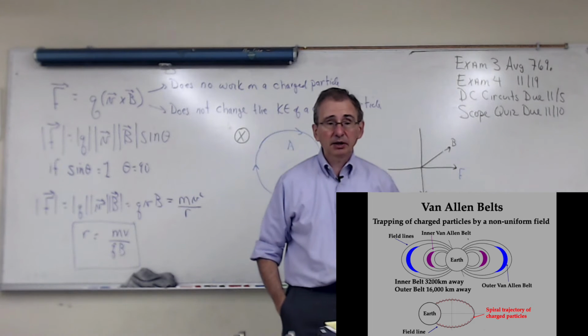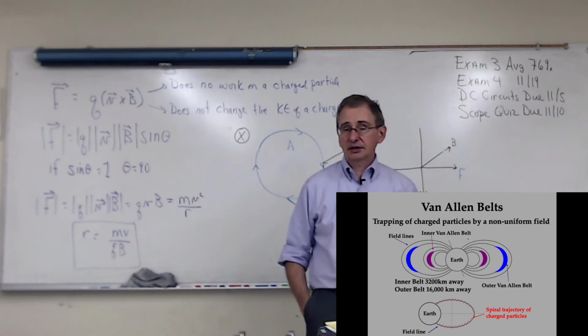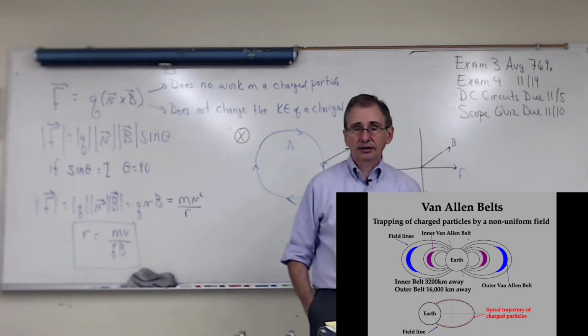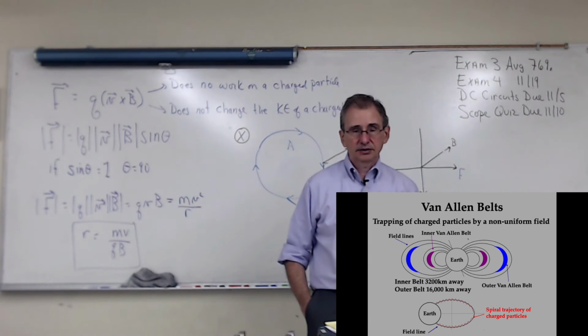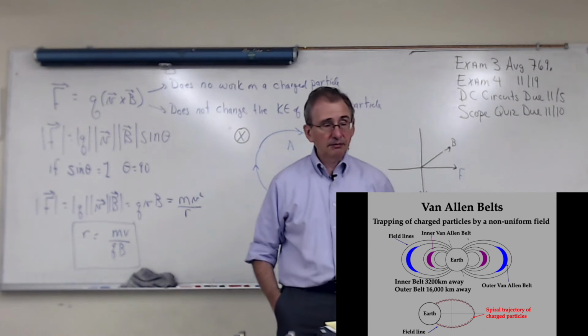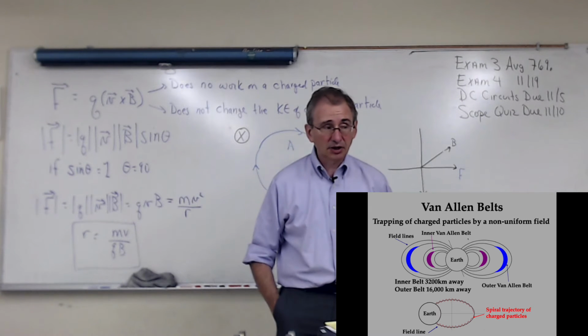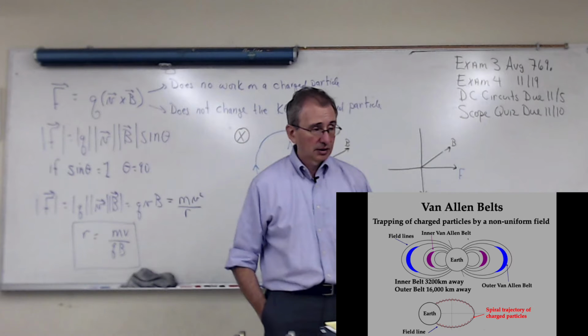Most of them are protons, electrons, and helium ions, alpha particles. As they move from the sun towards us, these are very high energy particles. For the protons, we're talking about MeV particles.